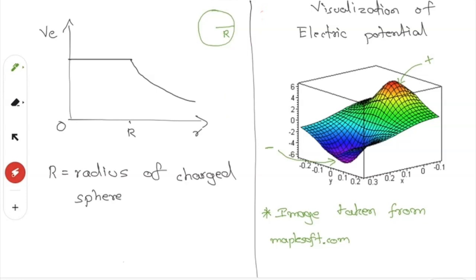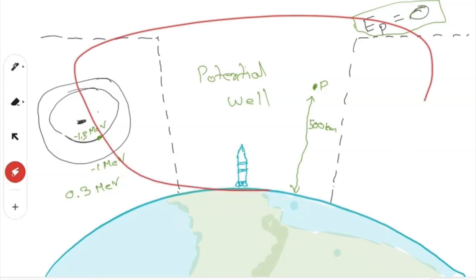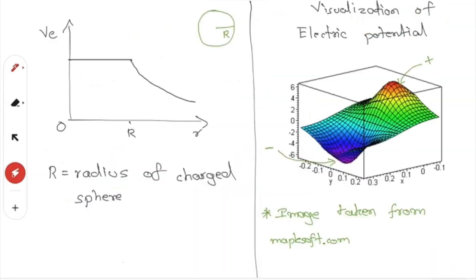This diagram on the right is just another way of visualizing what electric potential is. So in the video about gravitational potential, we saw that you can visualize gravitational potential like this right here. But here, this upward bulge represents a positive charge and this downward one represents a negative charge.